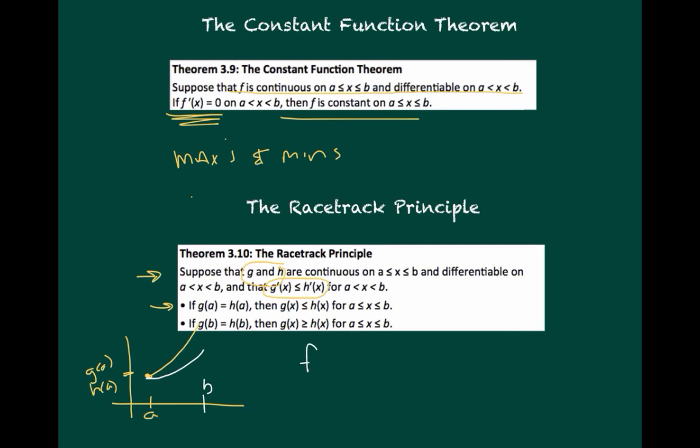So all of these derivatives really boil down to this. If the derivative f prime of x is greater than 0, f of x is increasing. If f prime of x is less than 0, f of x is decreasing. If f prime of x is equal to 0, then f of x is constant.